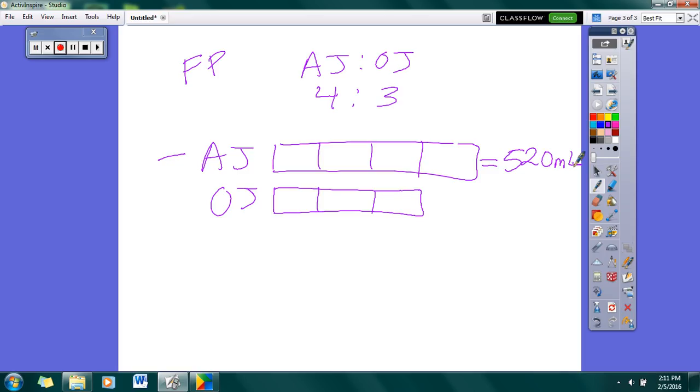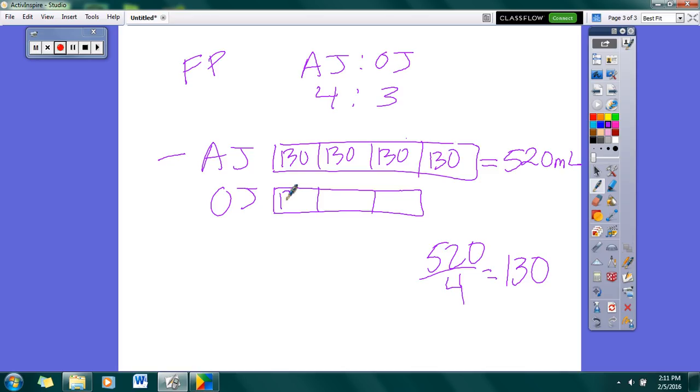Okay? So if I know that just apple juice, just 4 parts, are worth 520, that's what I'm going to cut 520 into. So 4 goes into 5 one time, 1 left over, 4 goes into 12 3 times, don't forget the 0. This tells me that each of these are worth 130, which makes sense because if I take 130 and I multiply it by 4, I get 520.